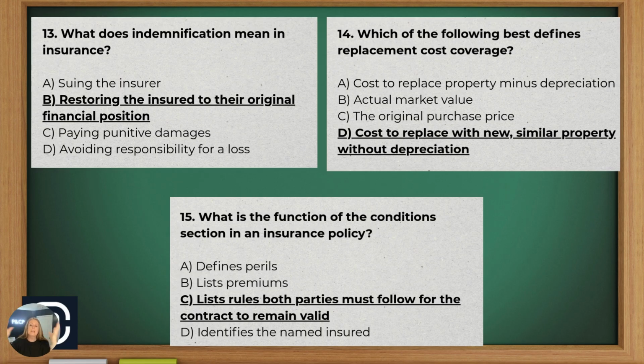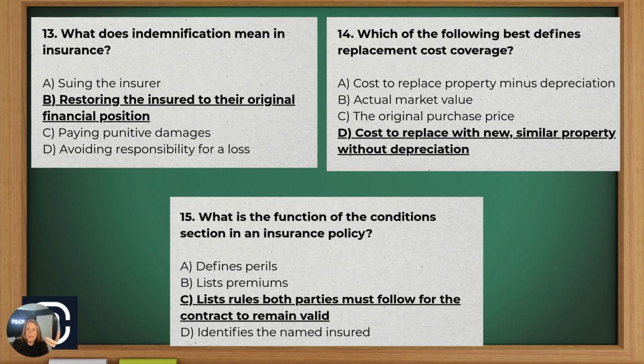So conditions is going to list the rules for both parties. What do both parties have to follow in order for that policy, that contract, to remain in effect? That's your conditions. What does the insured need to do to keep the policy in effect? What does the insurer need to do to keep that policy in effect? That's your conditions. The other term you might see on the exam is what's called a conditional contract, which is essentially the same thing.